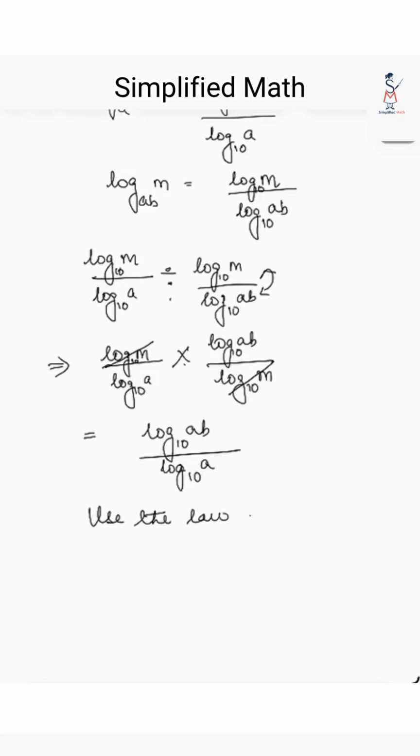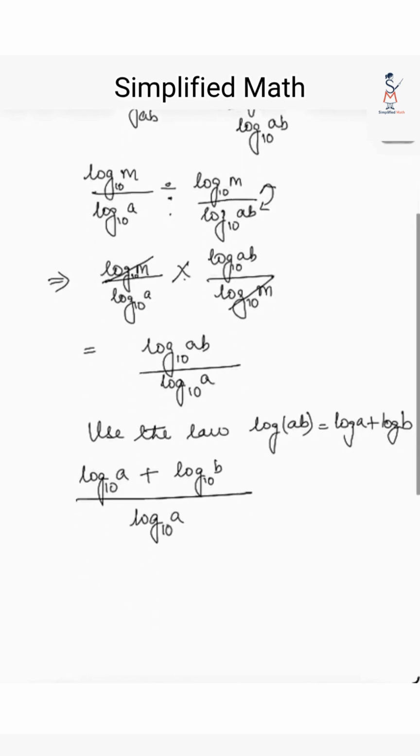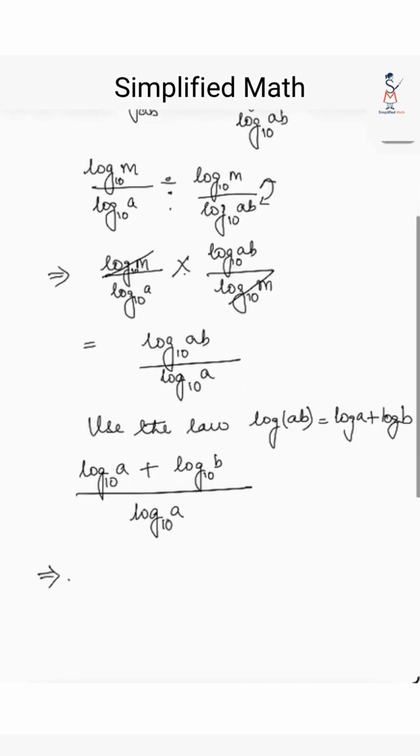Now we will use the law, right? Which law? Log ab, a into b, is log a plus log b. So this log ab can be written as log a to the base 10 plus log b to the base 10 divided by log a to the base 10. Now we will use the rule that if it is a plus b divided by another number c, then this can be written as a by c plus b by c.